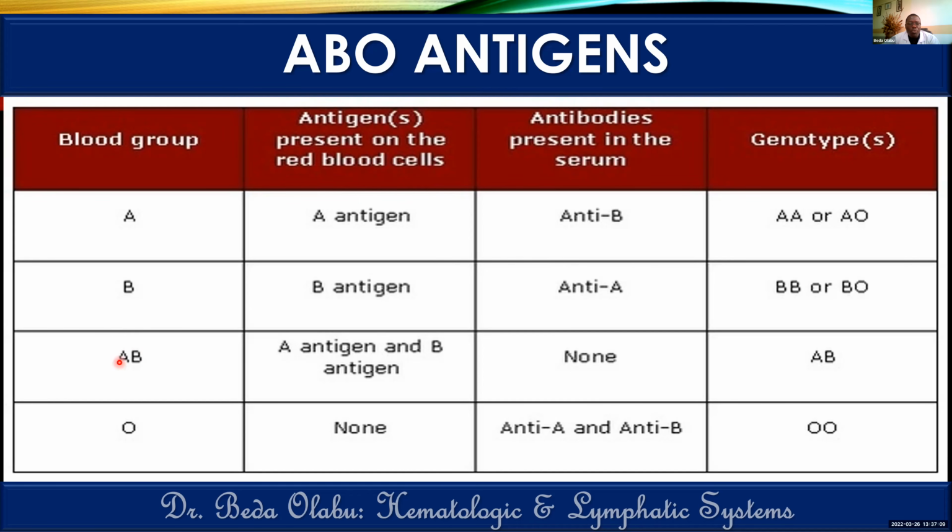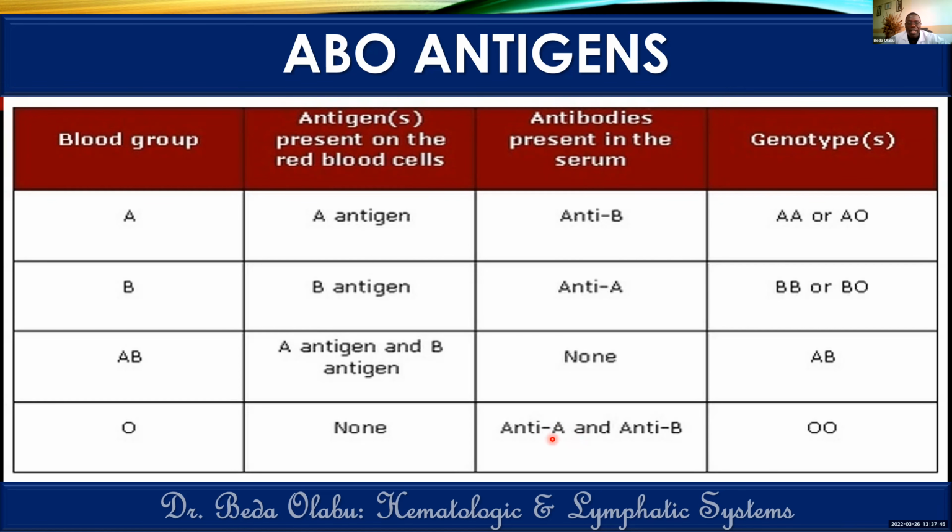Someone who is blood group AB means that their red blood cells have both antigen A and antigen B. But somebody who is blood group O, the person who is lacking both antigens, we can argue that that is so because they have antibodies against both antigens.